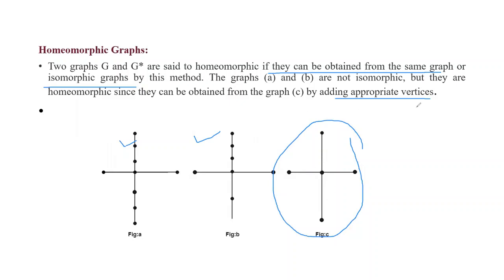By adding some appropriate vertices, you obtain a graph, and again by adding some appropriate vertices, you obtain another graph. So this is a homeomorphic graph.